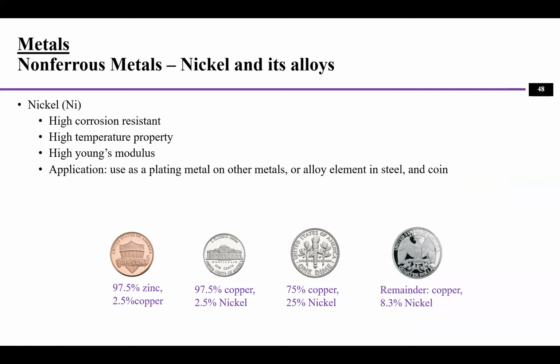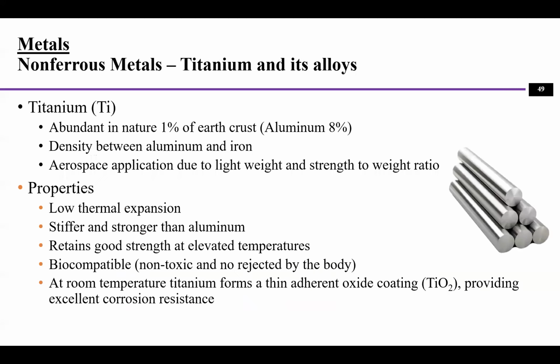And nickel and its alloys. Nickel, because it has good corrosion resistance, has been used a lot in coins. You will see, these are the different types of coins used in our life, and it also has good high temperature properties and a higher Young's modulus, so it has been a very good choice for making coins. We just mentioned a little bit about titanium.